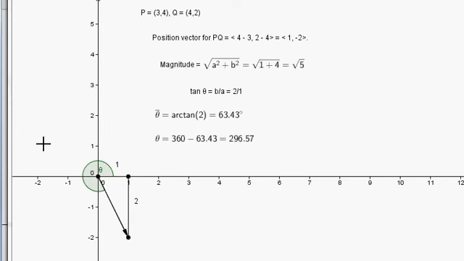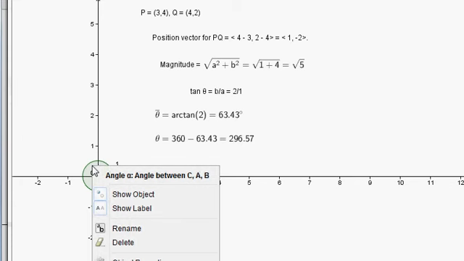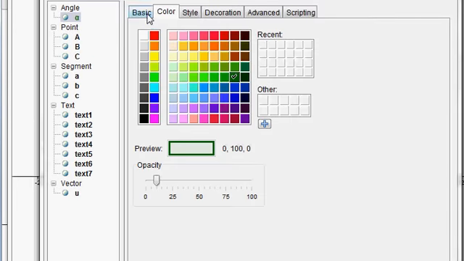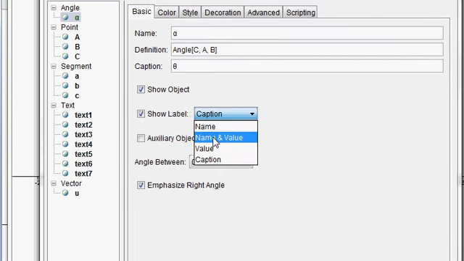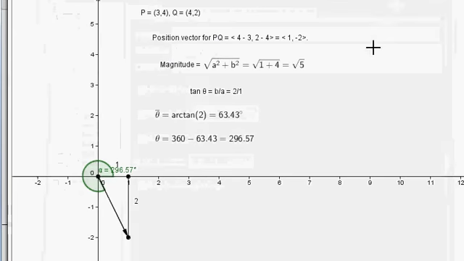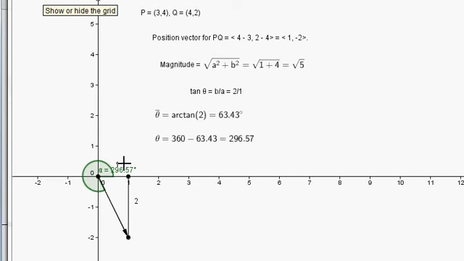If you're in quadrant 2, it'd be 180 degrees or pi minus your angle. If you're in quadrant 3, it's going to be 180 degrees plus your angle. In quadrant 4, the angle that I want is 360, the complete circle, minus the 63.43 degrees, which gives me 296.57. Let's see if that's what it says if I turn this on. Yep, exactly. 296.57 degrees is that angle.